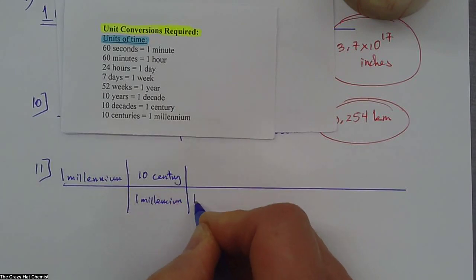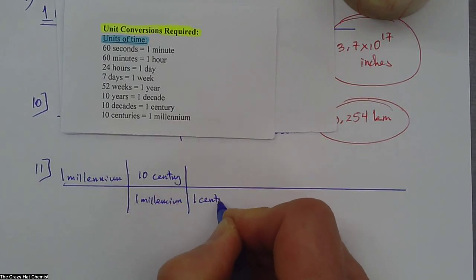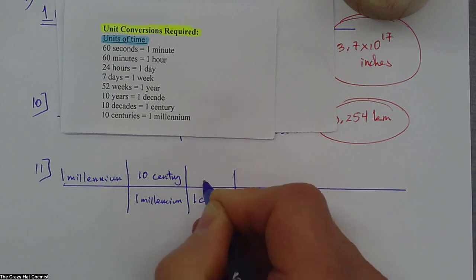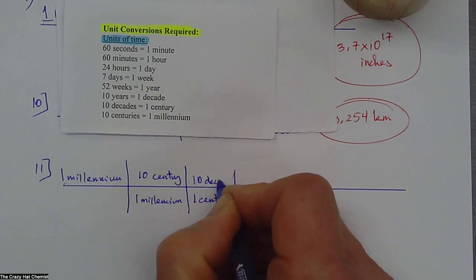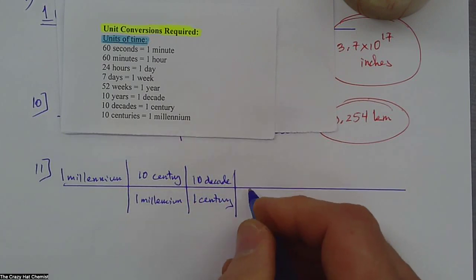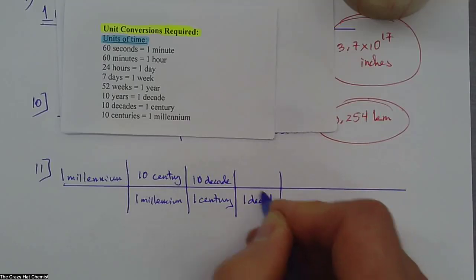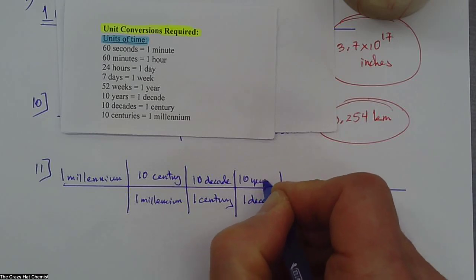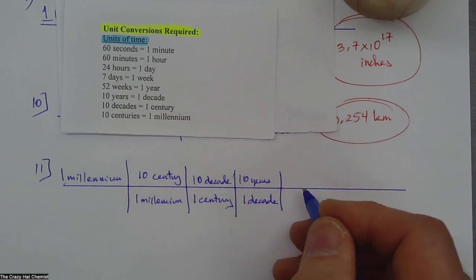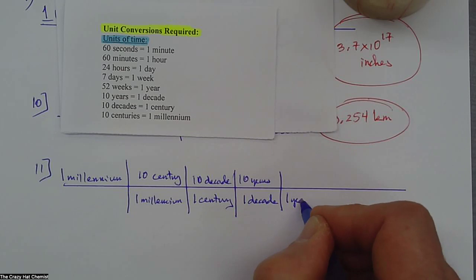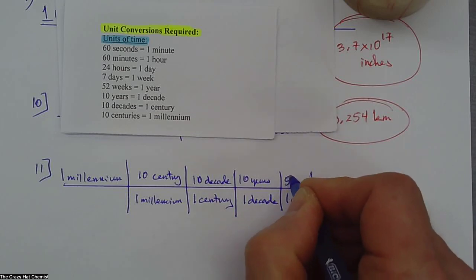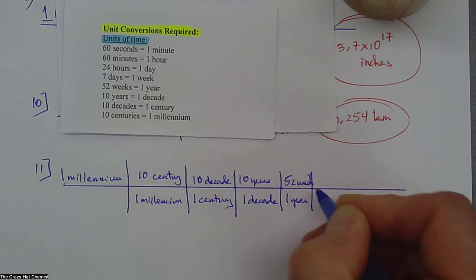And then 1 century is equal to 10 decades. And then 1 decade is equal to 10 years.